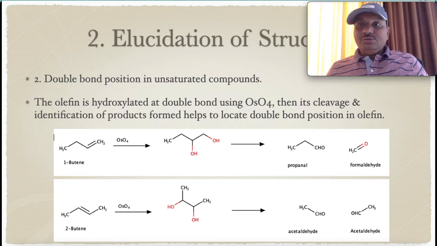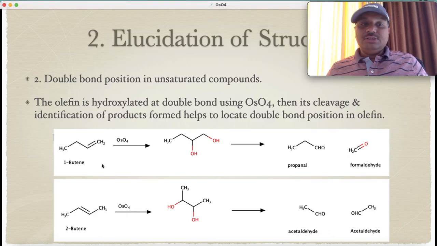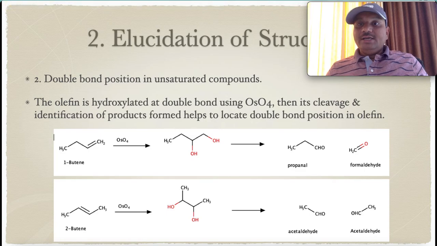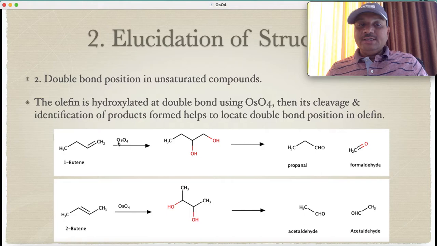Consider two structural isomers of butene. This is the first structural isomer, 1-butene, and this is 2-butene. The position of the double bond can be determined in two steps. In the first step, 1-butene on treatment with osmium tetroxide gives this product.